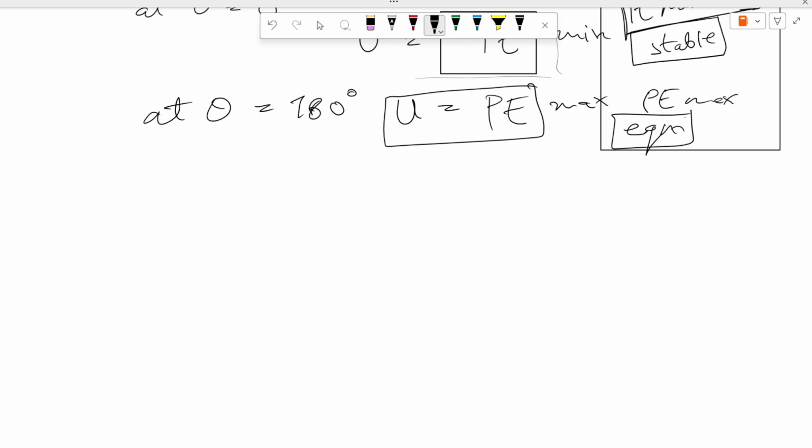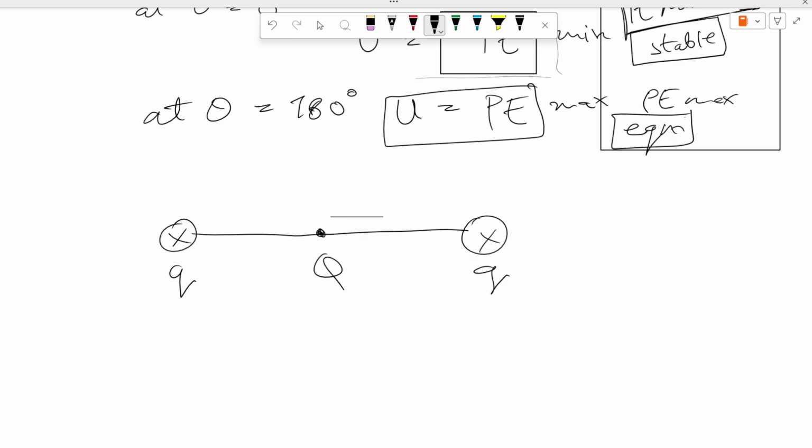We can also observe this when we fix 2 point charges of magnitude q, and let's say we put another charge of magnitude large Q, we are not specifying what, midway between them. When we take it closer to any one of the charges, the potential, instead of decreasing, is given by kq by, let's call it r by 2.